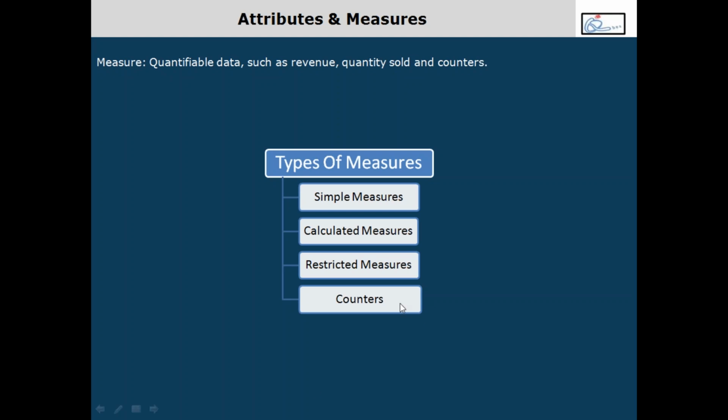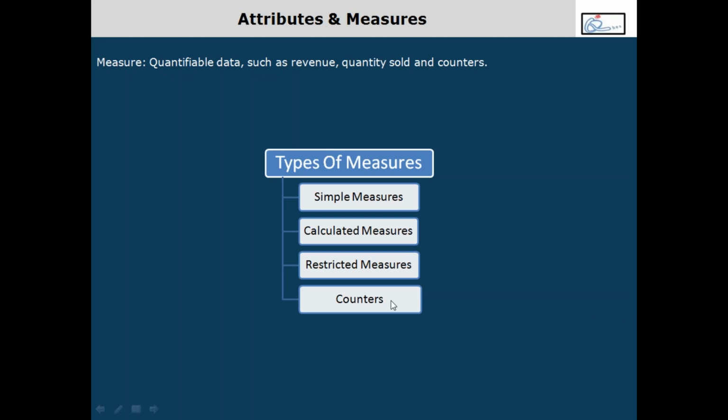Then we have something called counter. It's like a normal key figure. Generally, if you remember, we have a property called exception aggregation in BW. Most of the measures would have the aggregation as sum, but apart from this, sometimes you might want different things like count, min, max, all this.